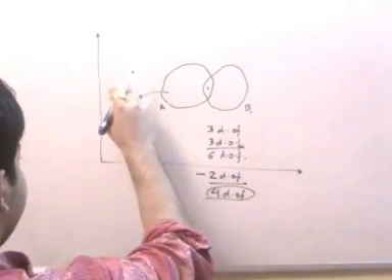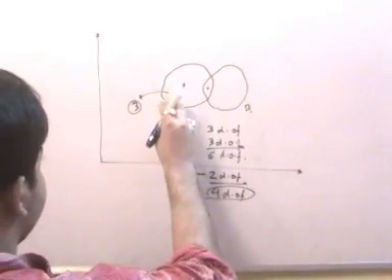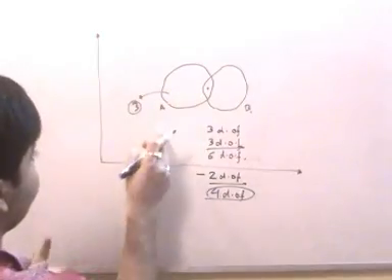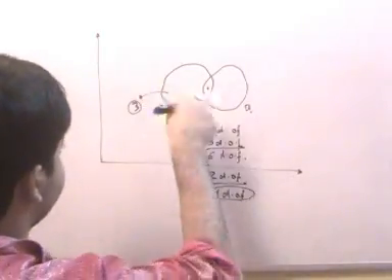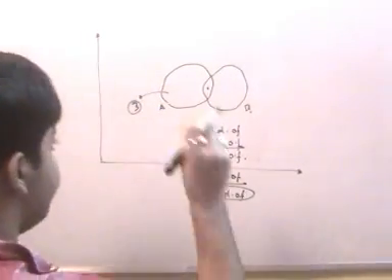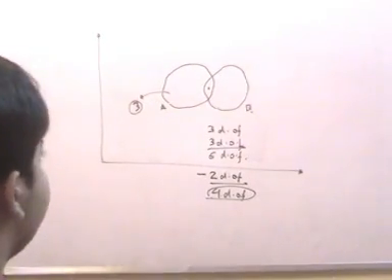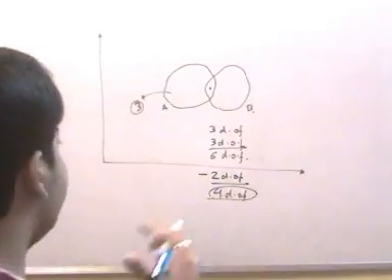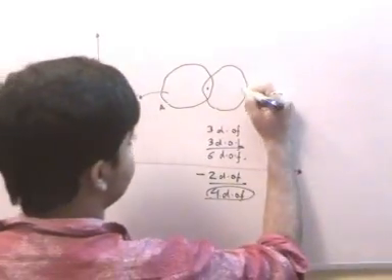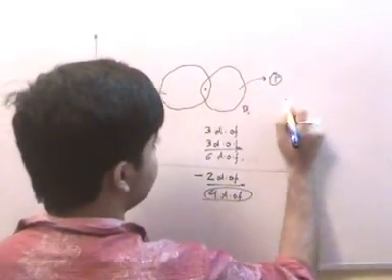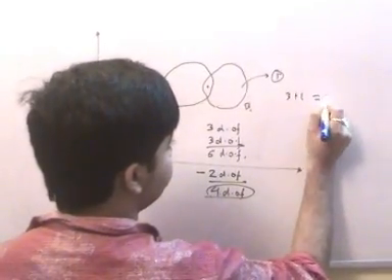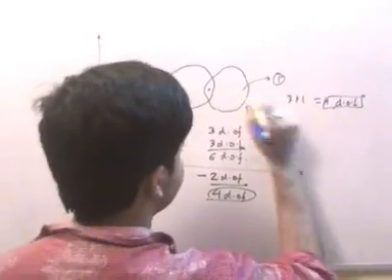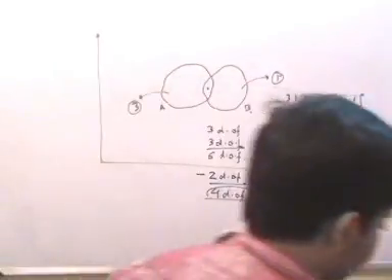If I consider a fixed frame, and A will not have any motion in X, Y, or any rotational motion, and B is connected with A, then B's 2 translational motions are arrested, and B will have only one rotational motion. So 3 plus 1 is equal to 4. So this system of bodies has 4 degrees of freedom. So this is one method.